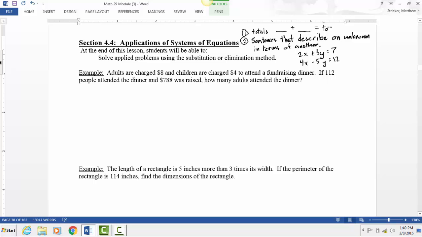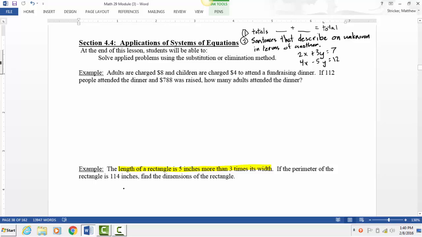And then the last type you're going to see where we could come up with equations is sentences that describe one unknown in terms of another. What I mean by that is, in the second example, something like where it says the length, which is an unknown, is 5 inches more than 3 times the width. Because we know that's an equation. We've learned how to write these before.